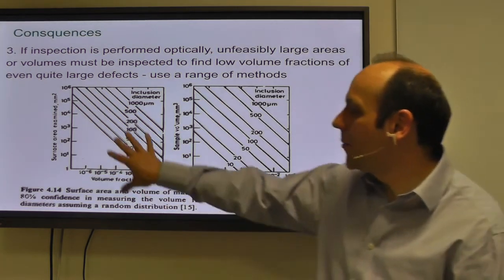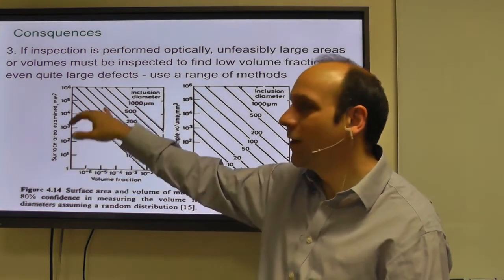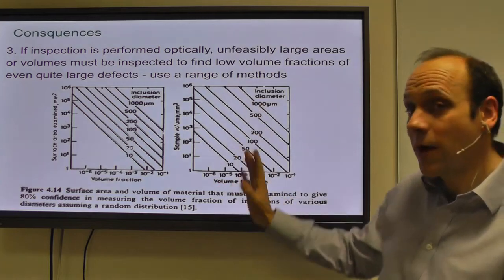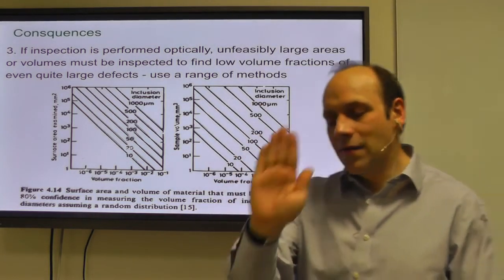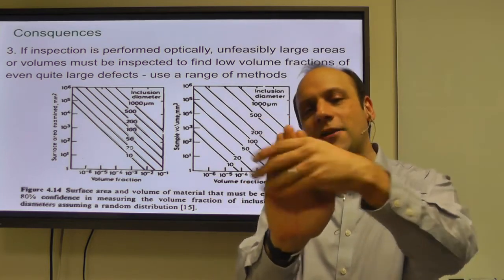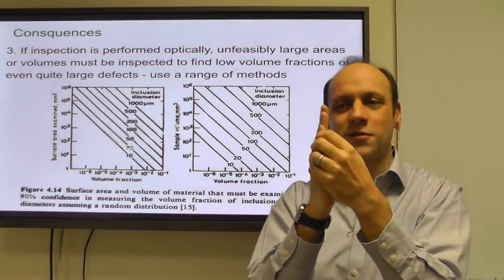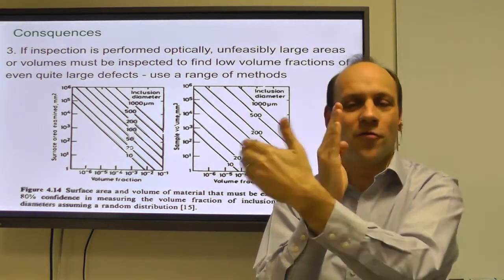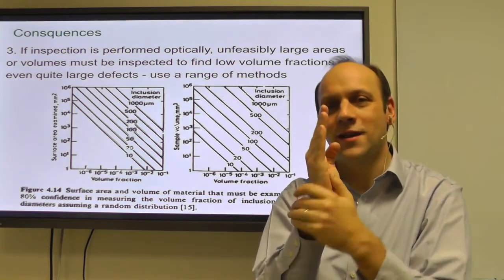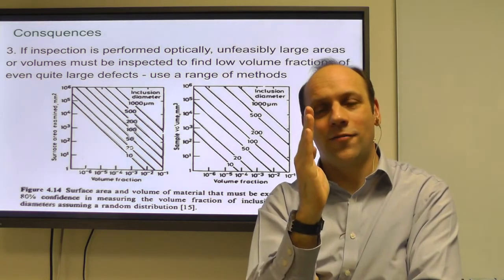And that means that for unlikely but large defects we really want a volumetric inspection method, something like X-ray radiography. And then you get into, well, okay, if I've got a section that's so thick and my inclusion doesn't absorb X-rays at all, and I've got a sensitivity of 10 to the minus 3 to variations in the overall intensity transmission of X-rays, then what sort of defect can I see with my radiography?